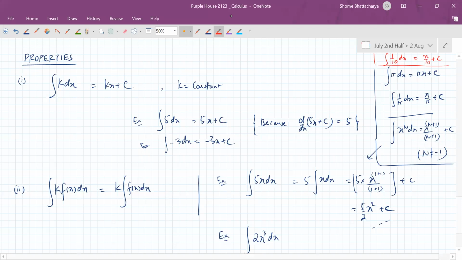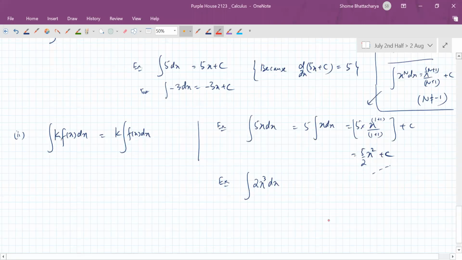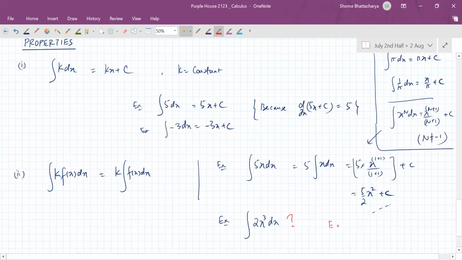Okay, now just try out these couple of examples below I'm writing. This one, then, okay, these three examples, just work them out.